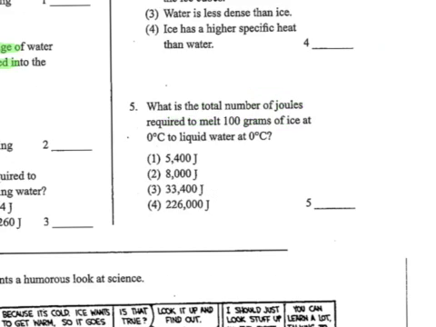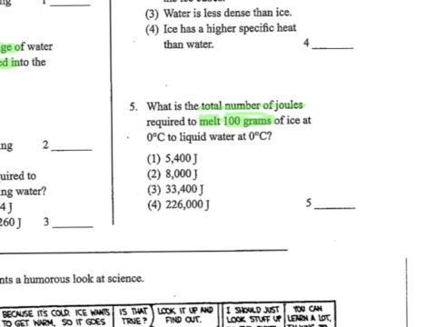Question number 5. What is the total number of joules required to melt 100 grams of ice at 0 degrees to liquid water at 0 degrees? So again, we're talking about 0 degrees to 0 degrees. That's no temperature change. That means that we're talking about a phase change. Our phase change is melting, and we are melting 100 grams.